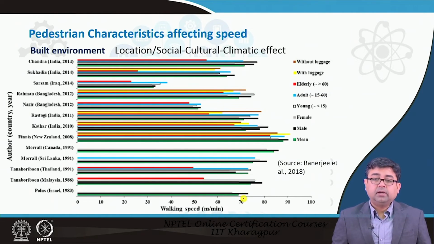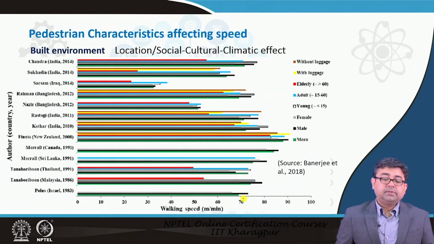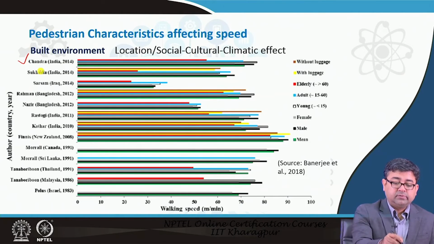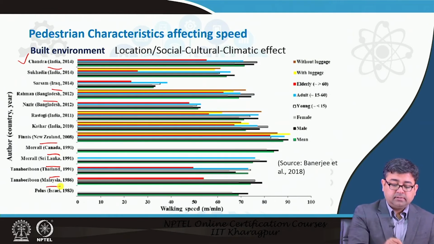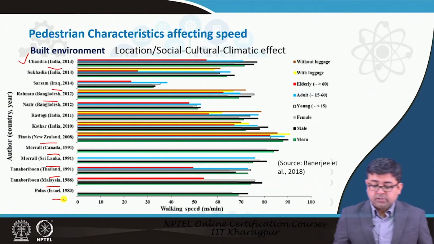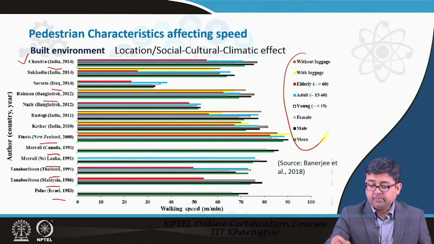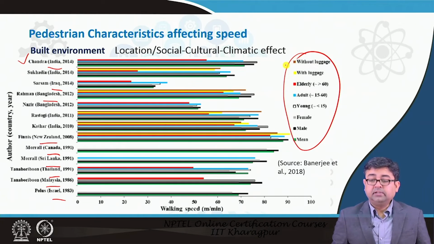Now, here are some examples from various researches that have been done in different countries. So, you would see research from India, Iraq, Bangladesh, New Zealand, Canada, Sri Lanka, Thailand and Malaysia, as well as Israel. You would see how the walking speeds differ based on weather and all these different conditions, right.